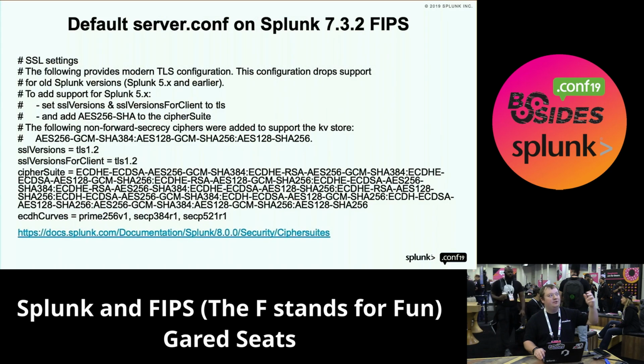This is the default server.conf in 7.3.2 FIPS. If you check on Splunk's website, it's pretty much identical to normal Splunk. There's no difference. The thing to keep in mind is the SSL versions that are required. It's limited to just 1.2, which everyone should be doing anyway.